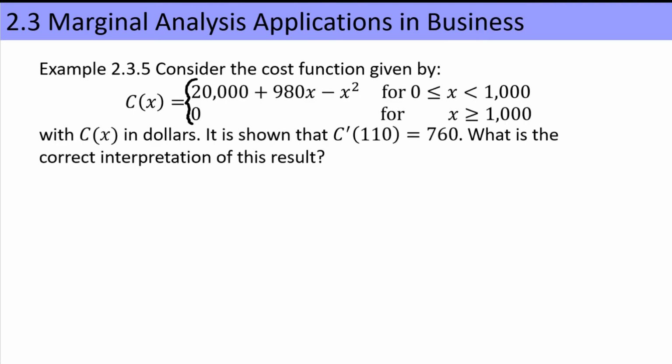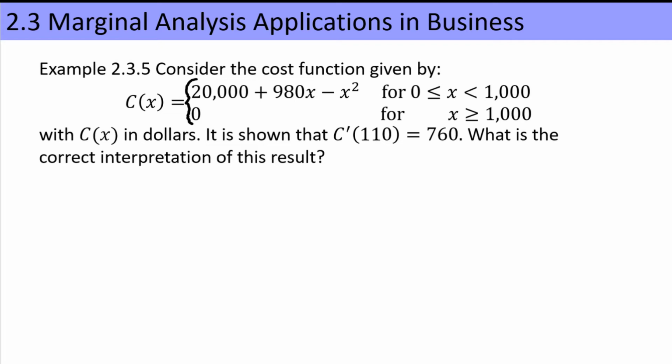Example 2.3.5. Consider the cost function given by C(x) = 20,000 + 980x − x² for x equal to or greater than 0 and less than 1,000, and C(x) = 0 for x equal to or greater than 1,000, with C(x) in dollars. It is shown that C prime at 110, the derivative of the cost function evaluated at 110, is 760.